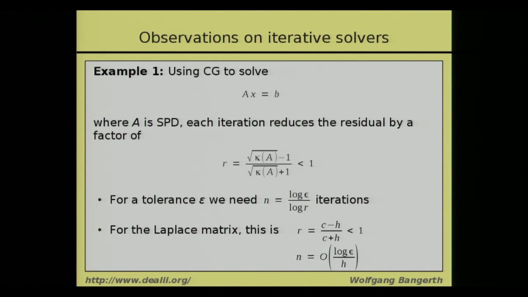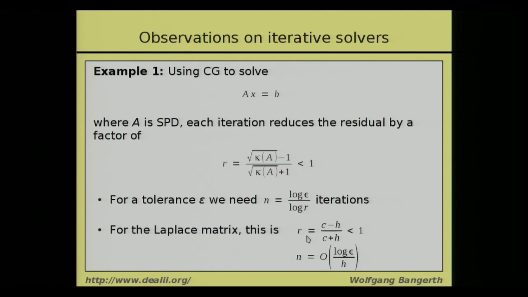If I solve this for n, then I find that the number of iterations n is log epsilon divided by log r. For the Laplace matrix, I also know that the condition number is proportional to h to the minus 2. So I can plug this into the factor r, and I will find that the reduction factor is (c minus h) divided by (c plus h) for some constant c, which is still less than 1, but you see immediately that if h becomes smaller and smaller, this reduction factor comes closer and closer to 1.